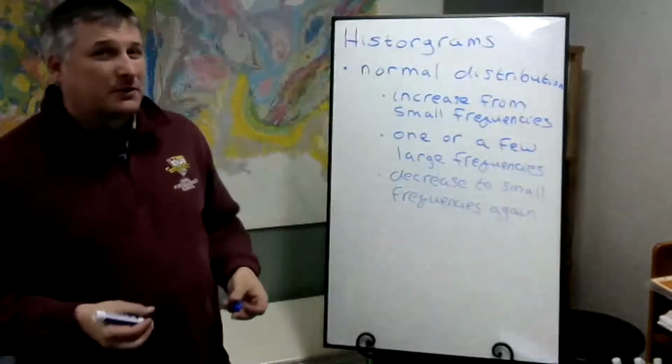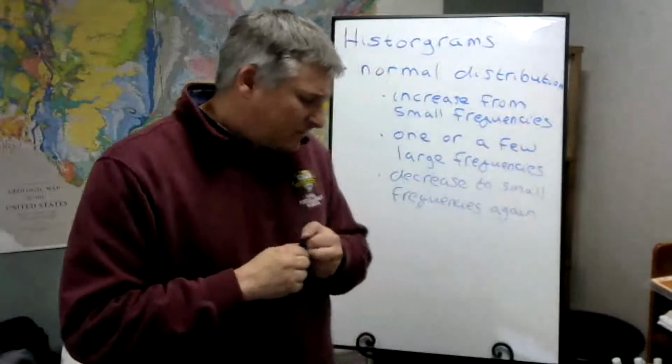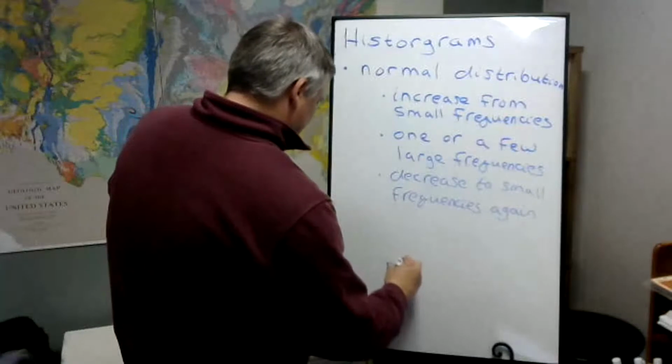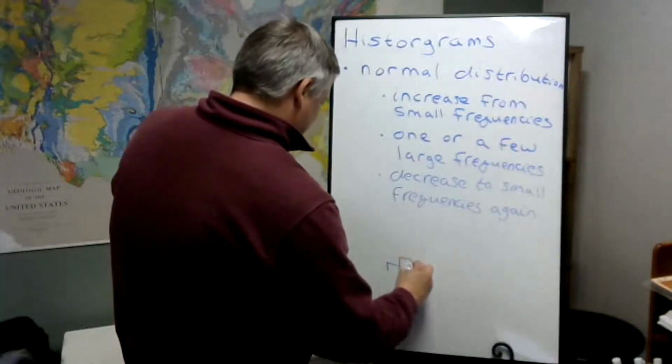We're going to decrease the small frequencies again. And what this looks like, do we see like a histogram kind of like this?